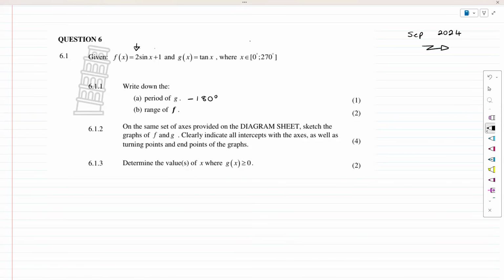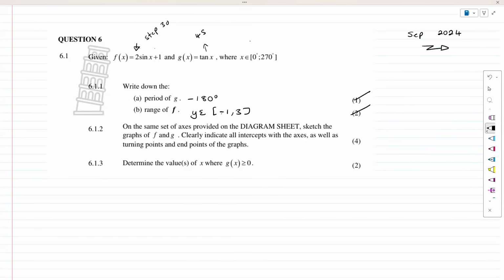We're going to start at 0, end at 270. Normally for sine graphs, we step in 30s. The problem is we have a tan graph, and tan graph only steps in 45s. So most likely you're going to have to step in 45. Now go and look. We can say y is an element of square brackets. Look for the lowest value, which is minus 1, and look for the highest value of y, which is 3. And that's the answer.